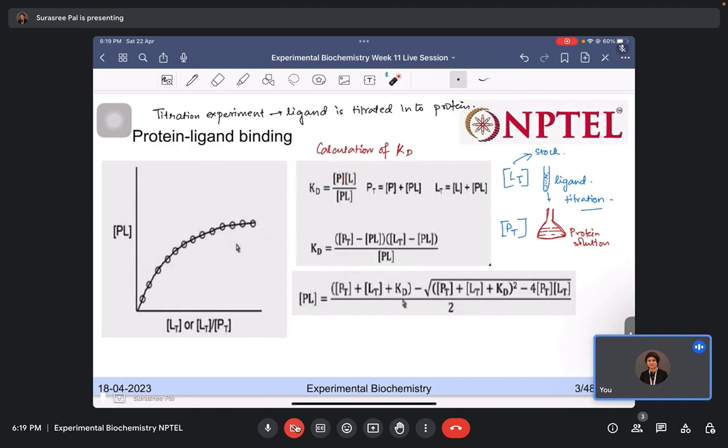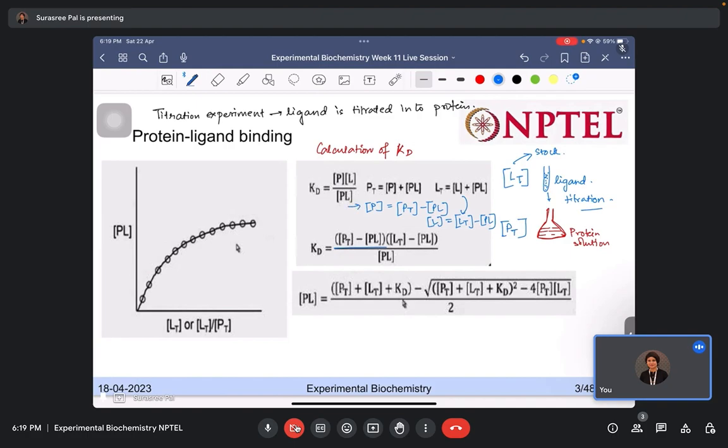Free protein concentration equals total protein concentration minus protein-ligand concentration, and free ligand concentration equals total ligand minus protein-ligand concentration.